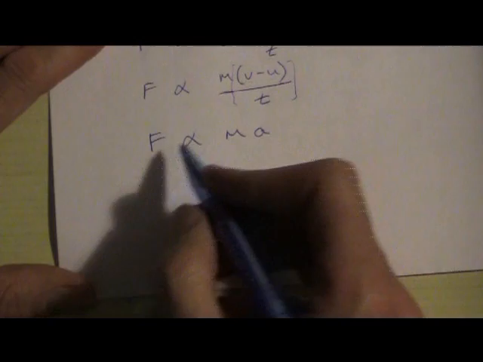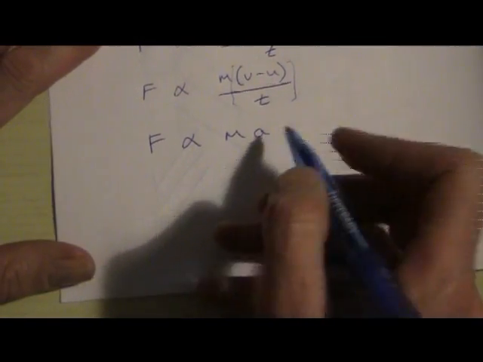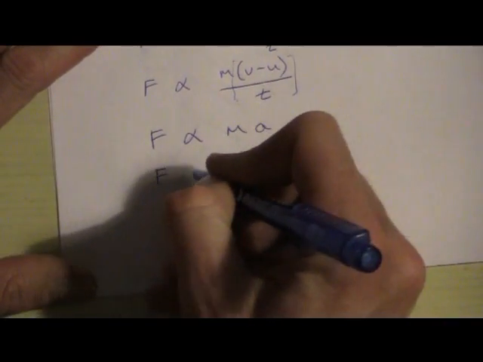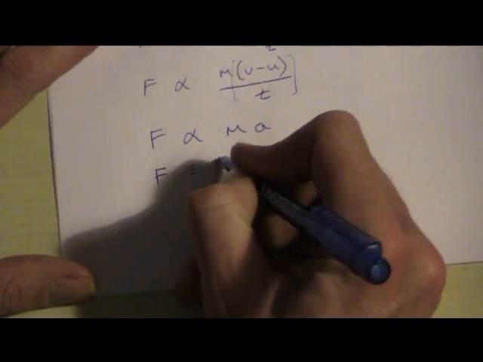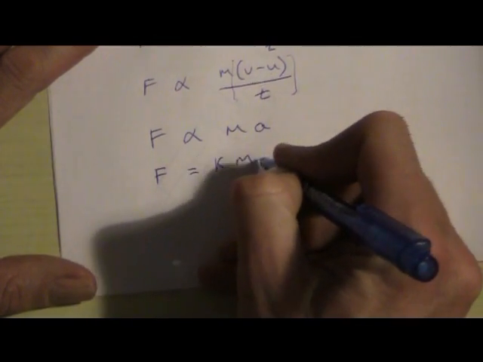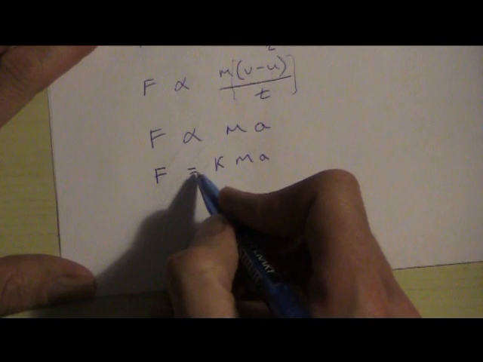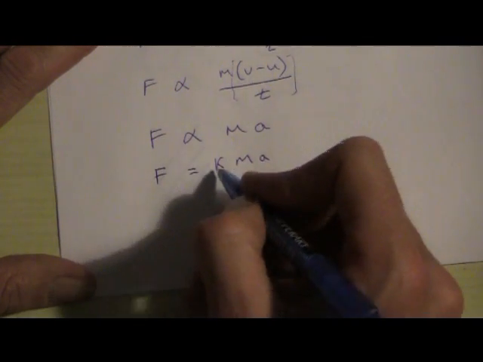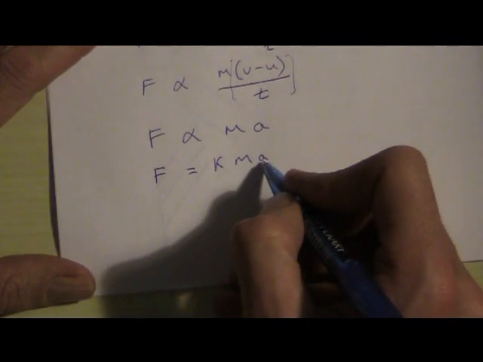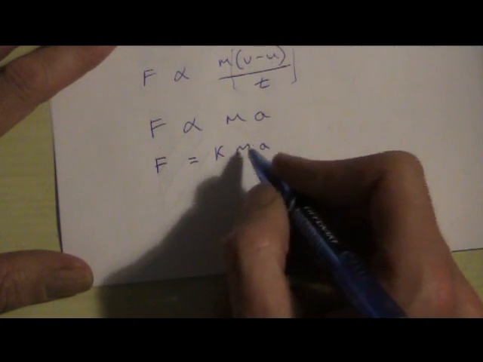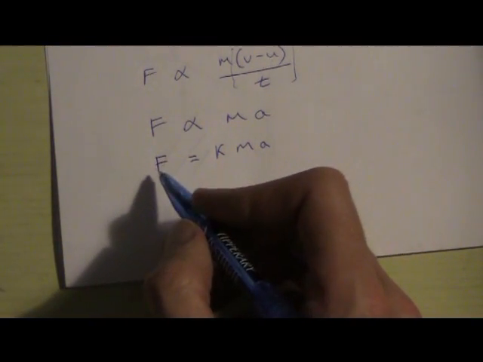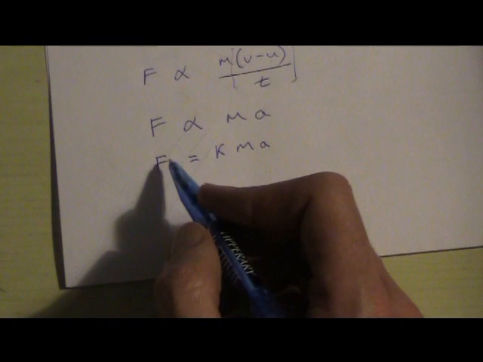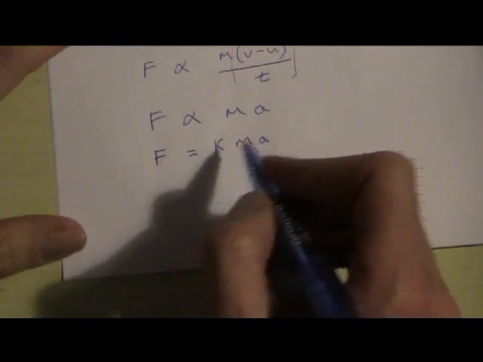Now if something is proportional to something else, it means there's a number, a constant, and when you stick it in there, it makes it equal. F is proportional to ma, that means F is equal to some constant times ma. Now the unit of force is the Newton. What was the definition of the Newton?